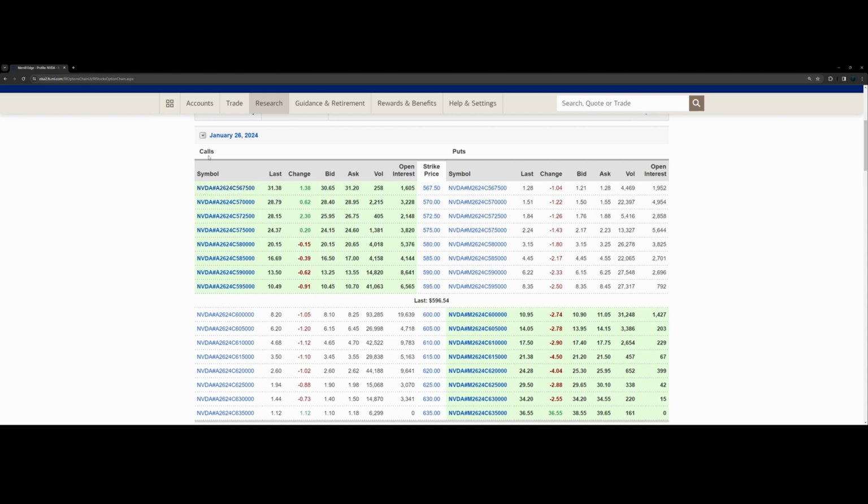So, the option chain is divided into two sections. One is calls on the left side, puts on the right side. Buyers of call contracts have the right to purchase, while sellers of call contracts have the obligation to sell.